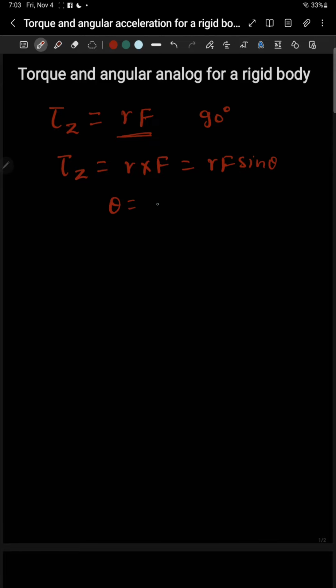Let's say theta is equal to 90 degrees. In this situation, sine theta is equal to sine 90 degrees, which is 1. So let me rewrite this equation again, which is tau z equal to rF.